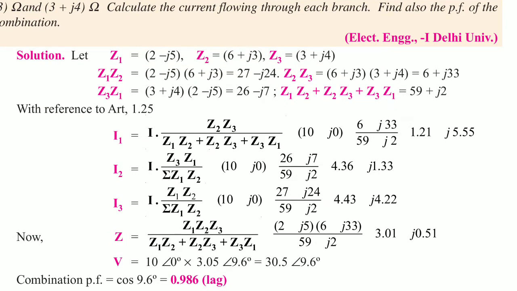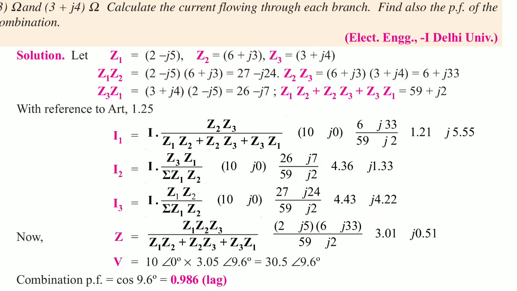I1 is equal to I into Z2 Z3 divided by Z1 Z2 plus Z2 Z3 plus Z3 Z1. Substitute I, which is the resultant 10 plus J0, into Z2 Z3, which is 6 plus J33, divided by 59 plus J2.